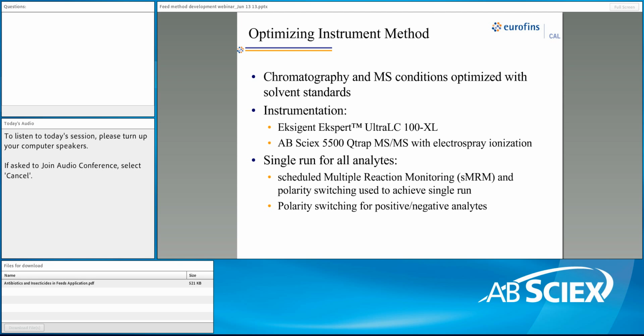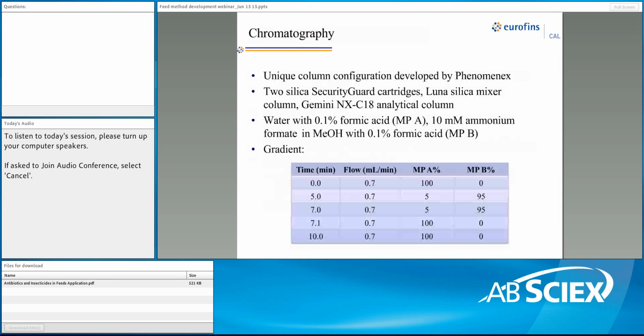We were going to do the quantitation by scheduled multiple reaction monitoring, the sMRM method, which is a typical way to quantify analytes by MSMS on AB SCIEX instruments. And we used polarity switching to collect both positive and negative ion data in a single run. So this allowed us to take 2 separate runs, combine them down to 1, and really increase our throughput.